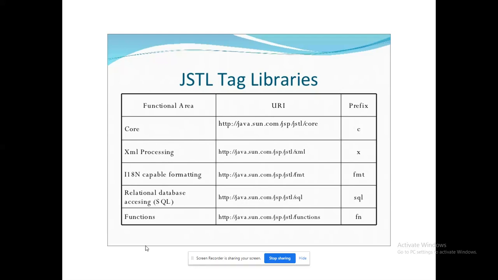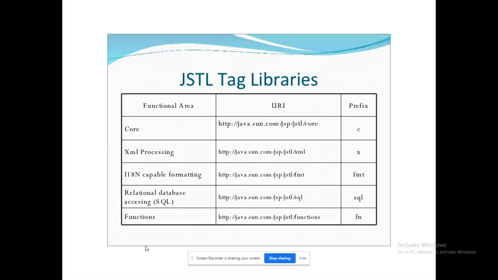JSTL tag libraries, right? These tag libraries are already available, so instead of writing Java code, they are supplying this as a library API. Even instead of using the term API, they are supplying it as a tag, I could say. Okay, the functional areas are core, and we'll start with the C. XML related tags I could use. Formatting tags I'm having.